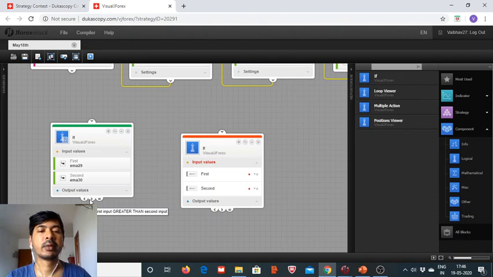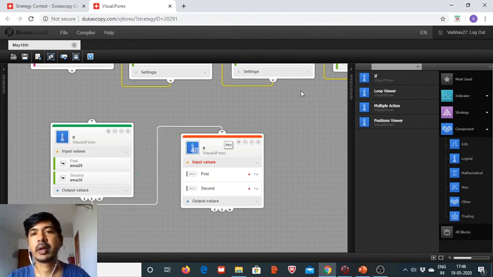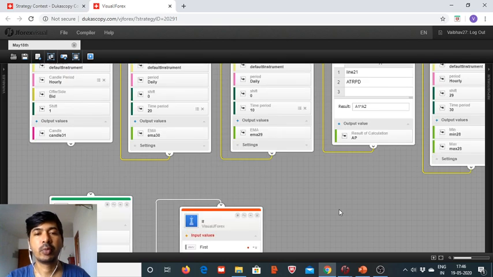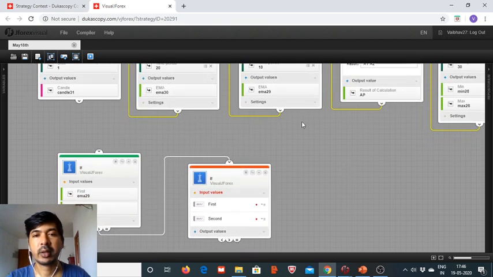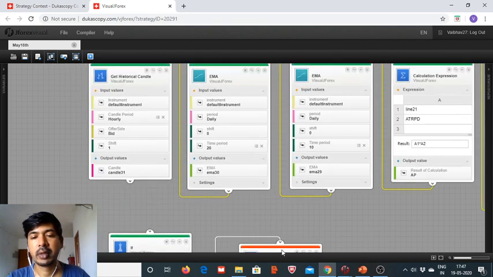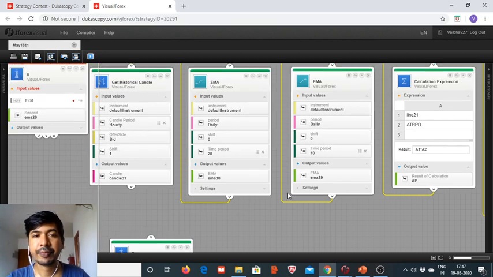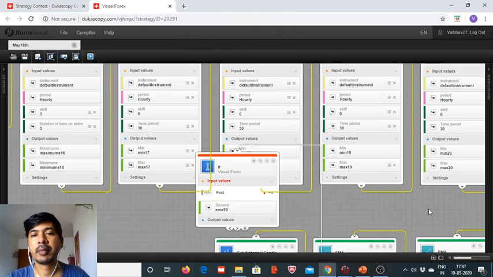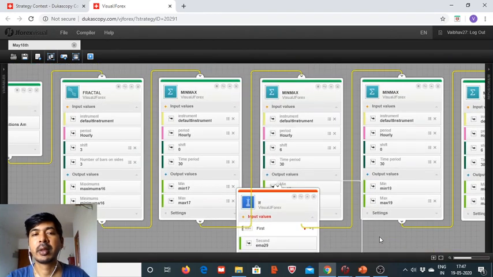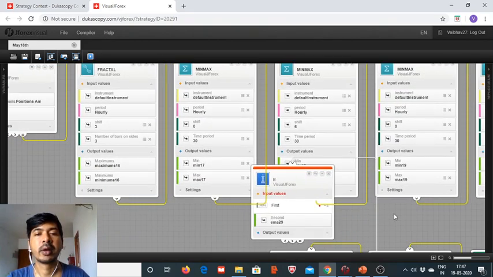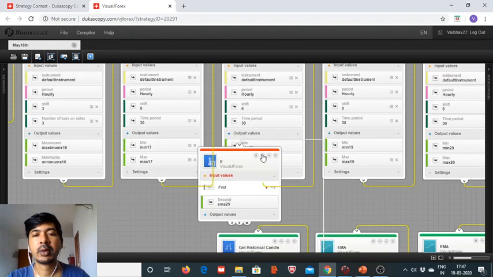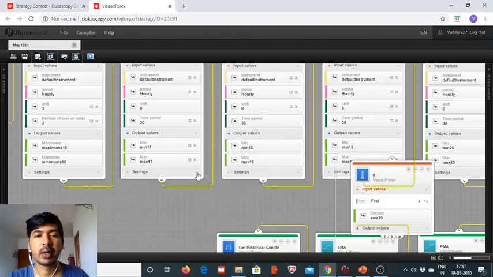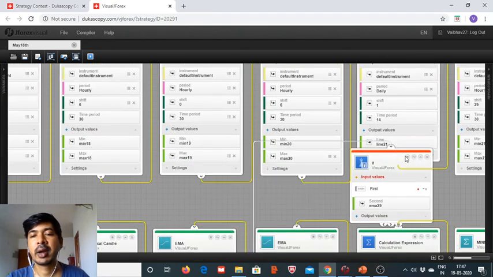Then, first input greater than second input, then the minimum value comes into play, and the minimum value should be less than the 10 EMA. So we go for the minima, and that is the current minima value, and for the current minima value we are going to need to look at the bid side low price.